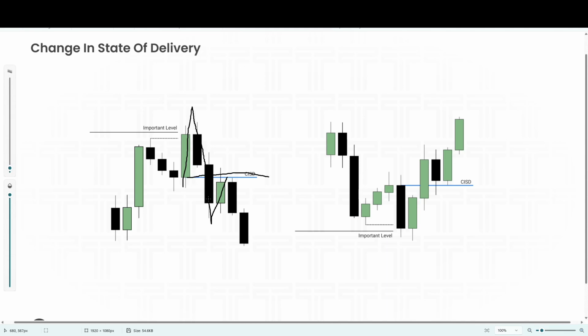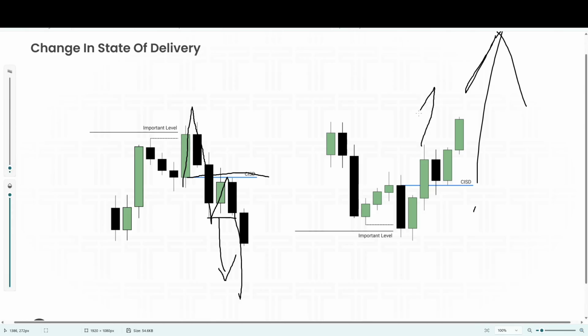After price crosses this line, price has to come back and retest. Only then do some enter a sell if it is a sell, or a buy if it is a buy. So when price retests, you enter. There are those who, when price closes here, enter for a sell, or here they enter for a buy.